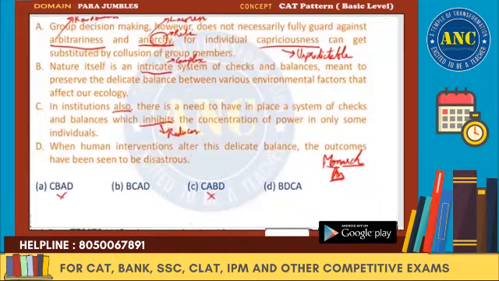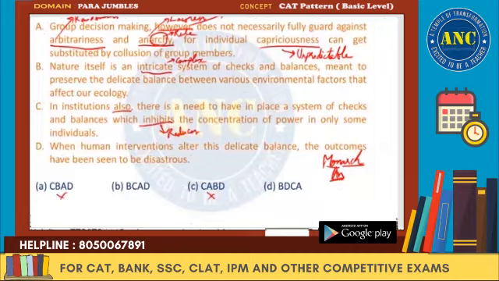Let's look at D. When human interventions alter this delicate balance, the outcomes have been seen to be disastrous. And A says group decision making, however, does not necessarily fully guard against arbitrariness and anarchy, for individual capriciousness can get substituted by collusion of group members.